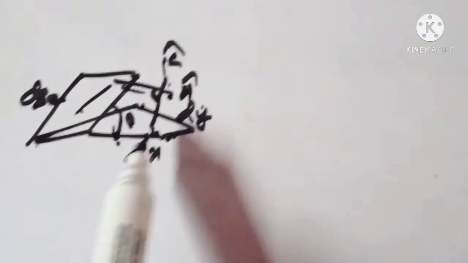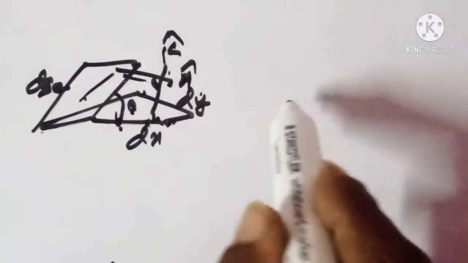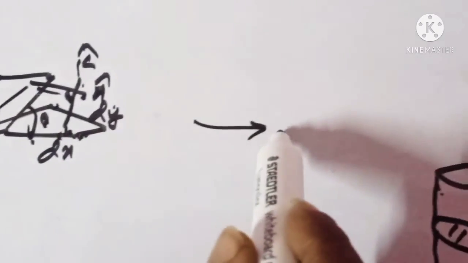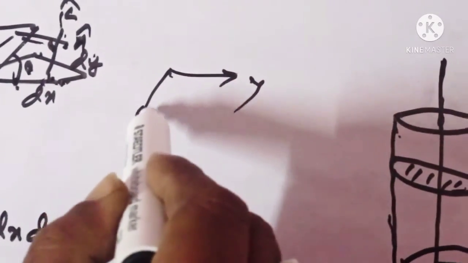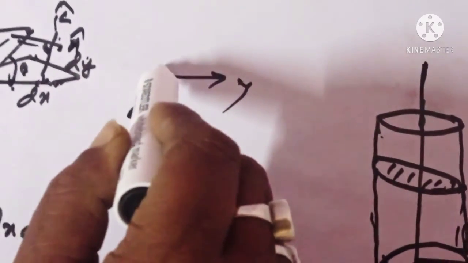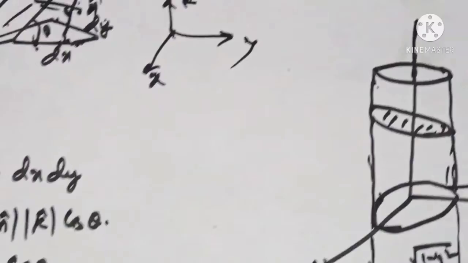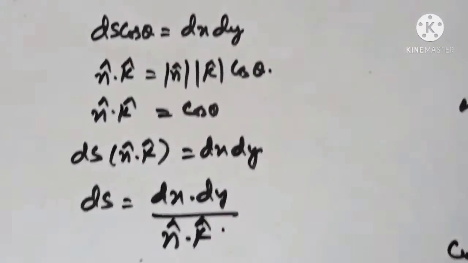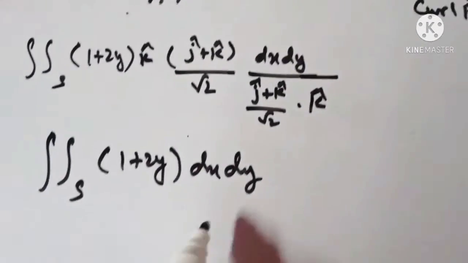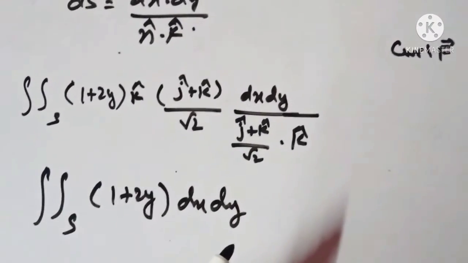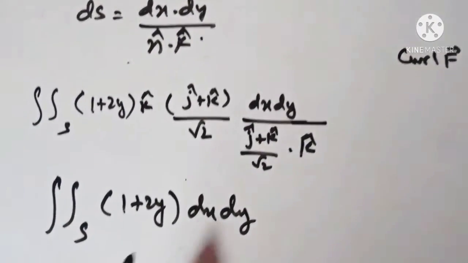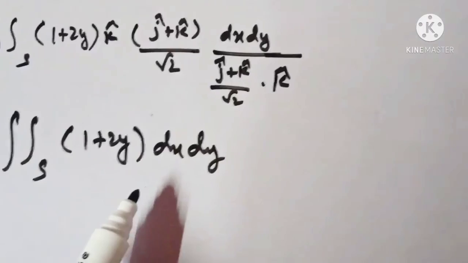And since it is dx dy, here this is y and this is x, the unit vector normal is k cap. So from here we know that ds is equal to this much, and after putting this we come to this stage.